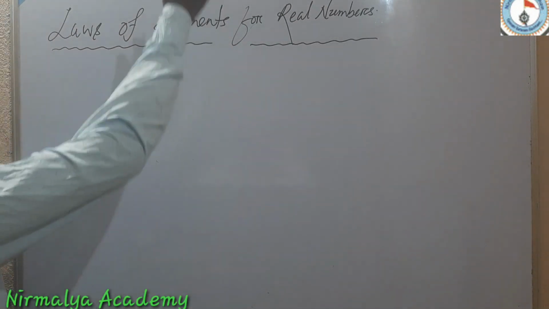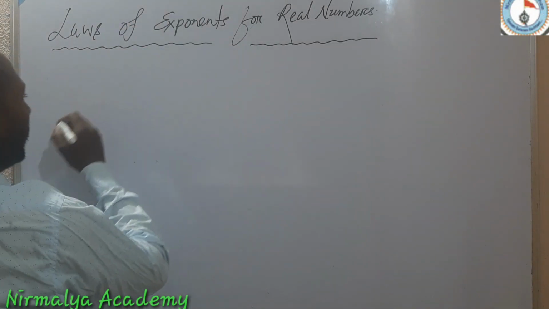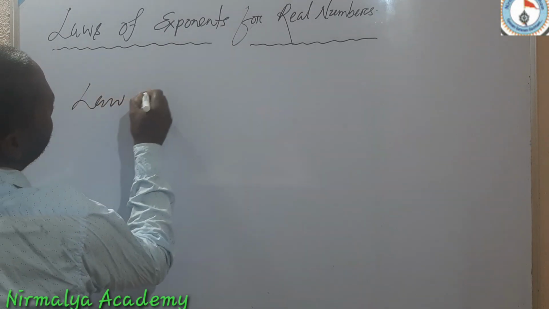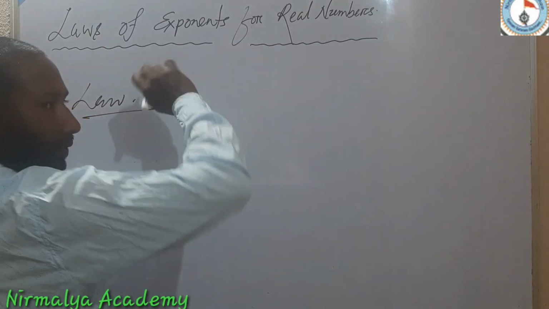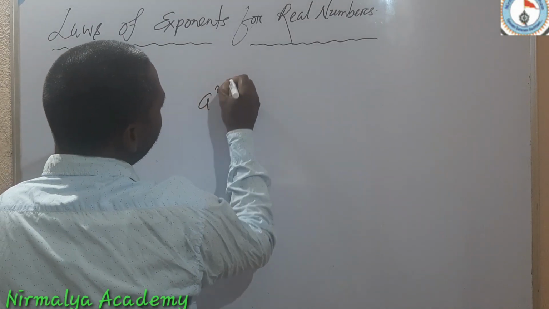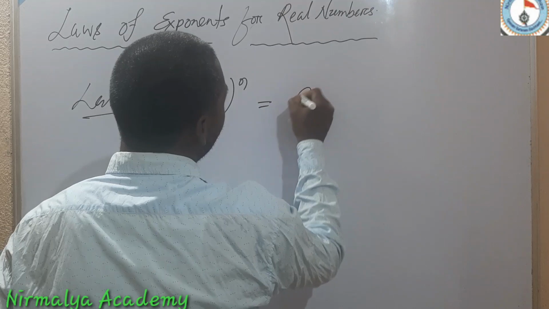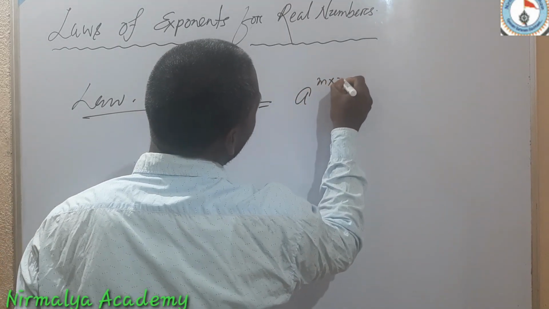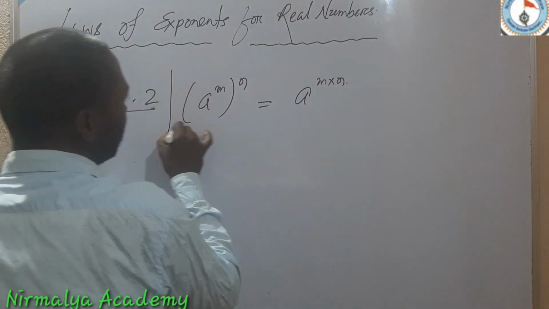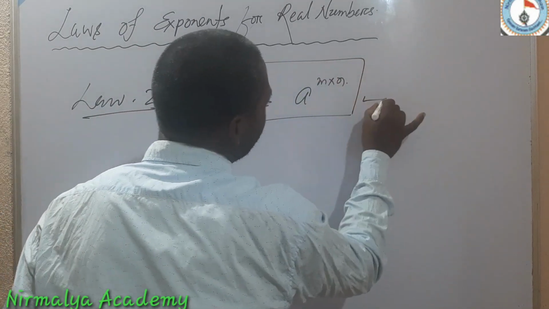Now we will discuss the second law. The second law is a to the power m whole to the power n equals a to the power m into n. This is the second law.